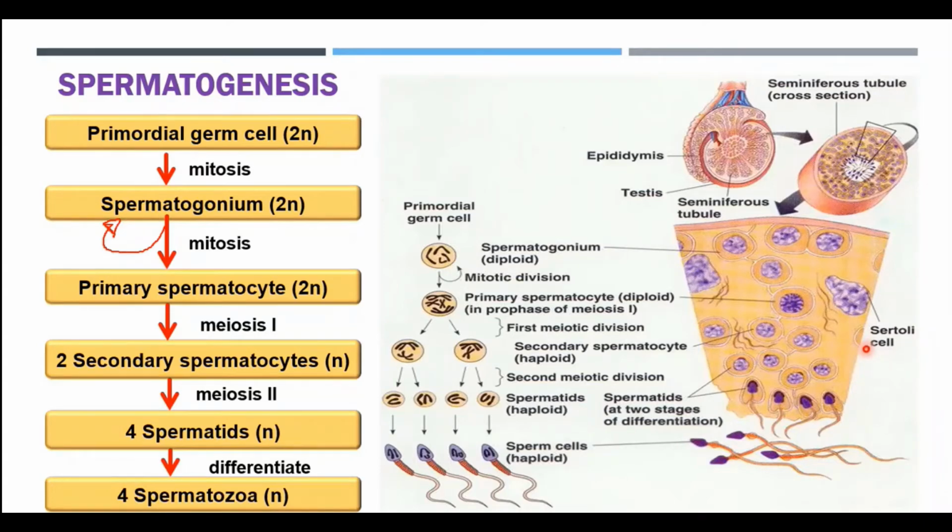The Sertoli cell will provide mechanical support for the spermatids. Okay, and the Sertoli cell can also provide protection for the spermatid. Okay, and when the spermatids are ready to go, they will be released from the Sertoli cell in the form of spermatozoa.